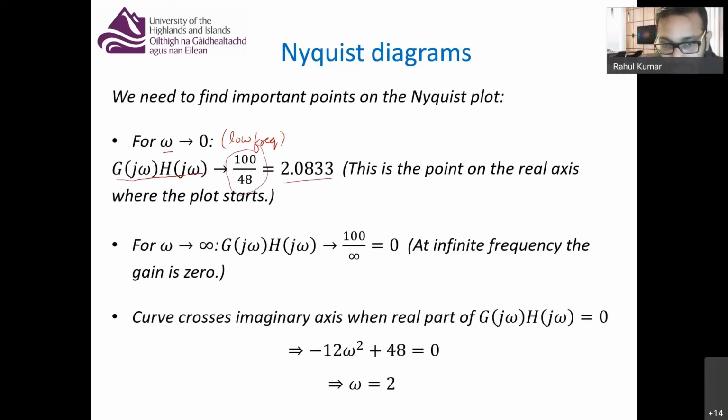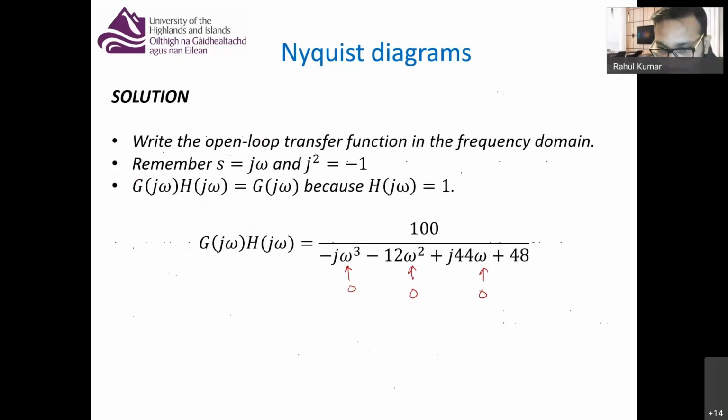Then we calculate omega at high frequencies. And what would be the highest frequency? It would be infinite, right? If I replace omega with infinite, obviously the denominator will become infinite.